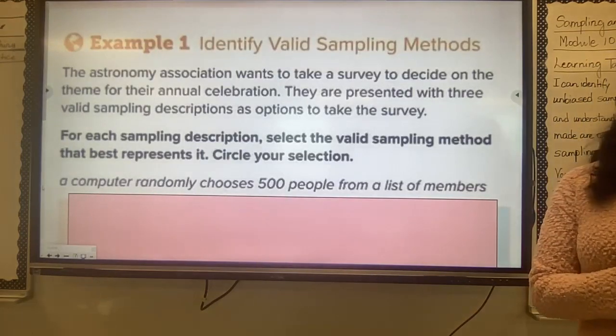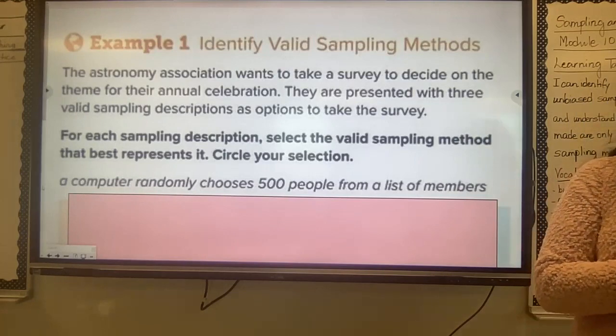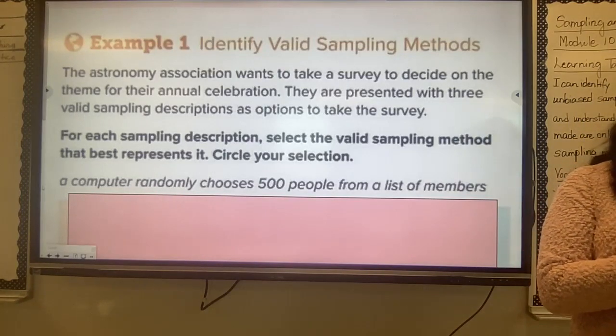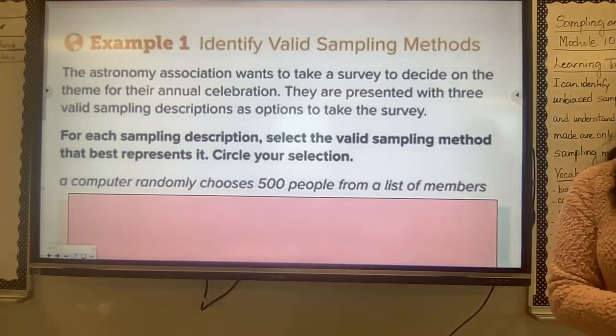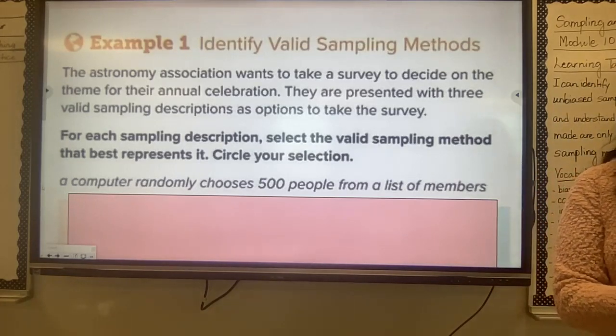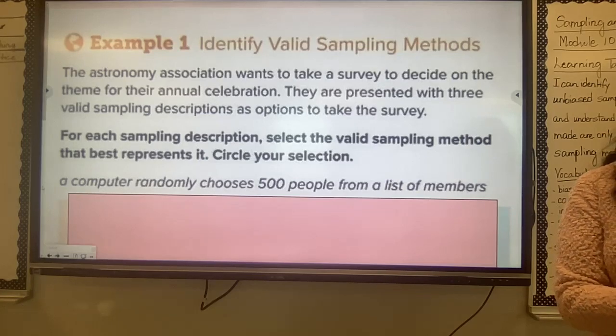A computer randomly chooses 500 people from a list of members. Is this simple random sampling, stratified random sampling, or systematic random sampling?